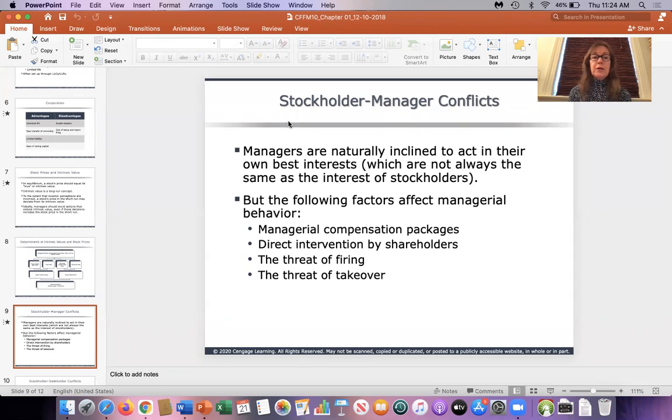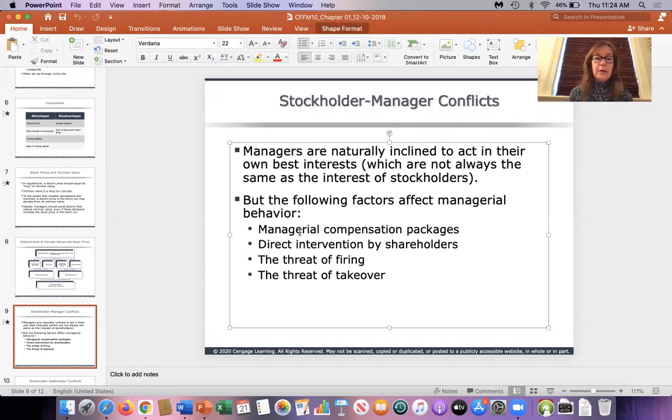So how do you get the managers to act in the best interest of the owners? Well, that's simple. The best way is to have these managerial compensation packages, and that's just a fancy way of saying you tie the manager's pay to the profitability of the company or to the stock price.